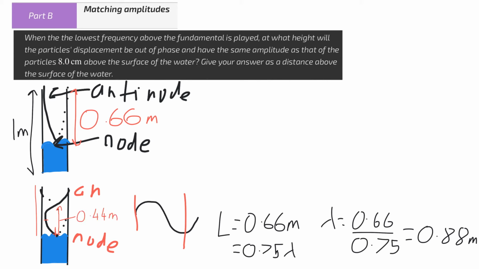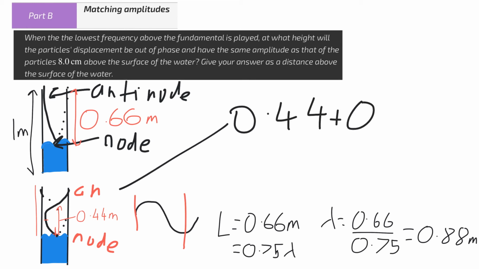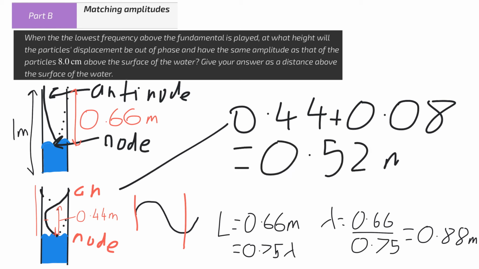The whole wavelength is 0.88, so this half of a wavelength here will be 0.44, which means that the height of the particle we're looking for will be 0.44 plus 8 centimeters. It will be there. Plus 8 centimeters, and that will give us 0.52 meters as being the height of the particle above the surface of the water.